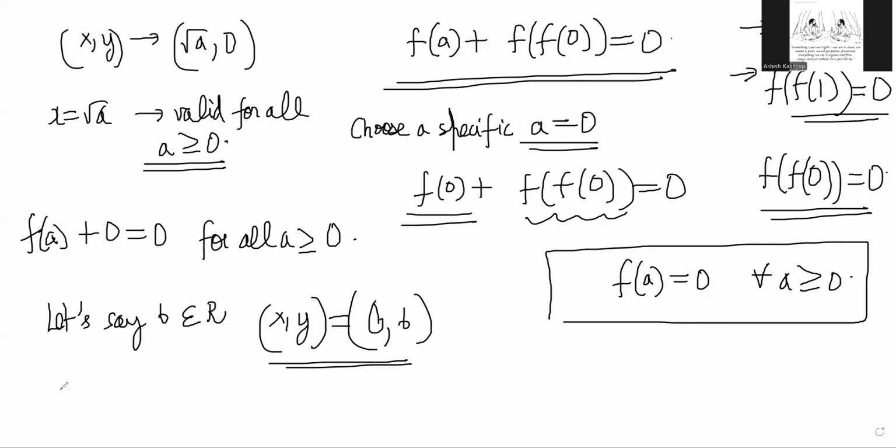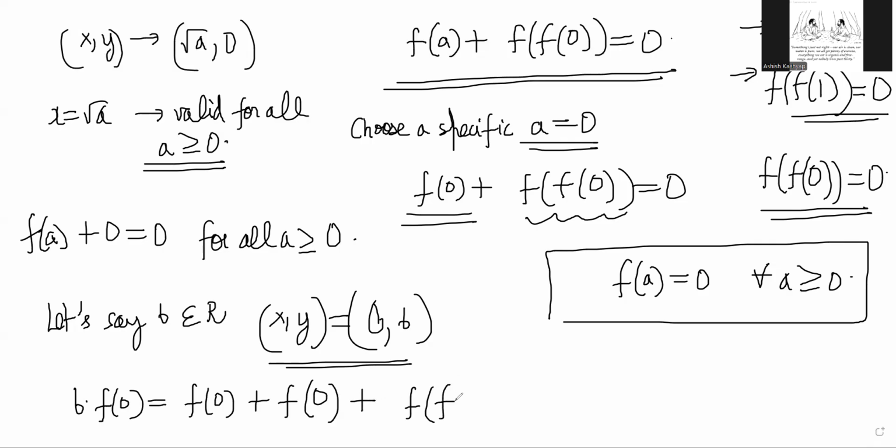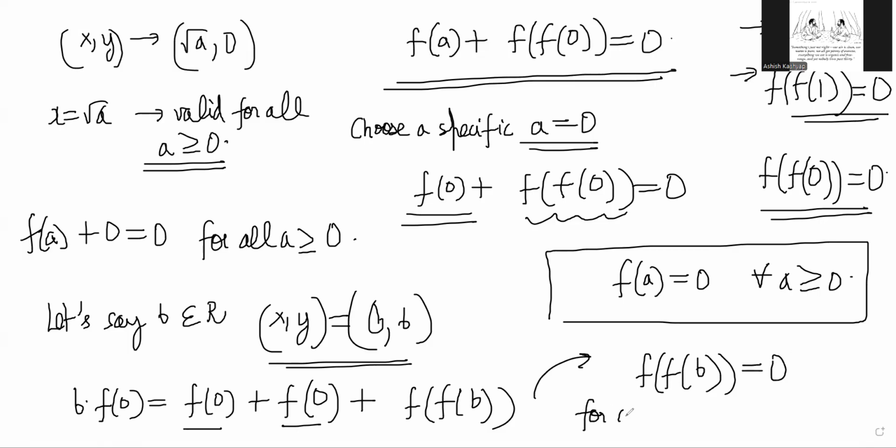So in that case, the first term will vanish and you will have b f of 0 is equal to f of 0 plus f of x square is 0 plus f of y was b, right? So we are getting this, and f of 0 is already 0. So all of these terms are vanishing, and we are getting basically f of b is 0 for all real b.